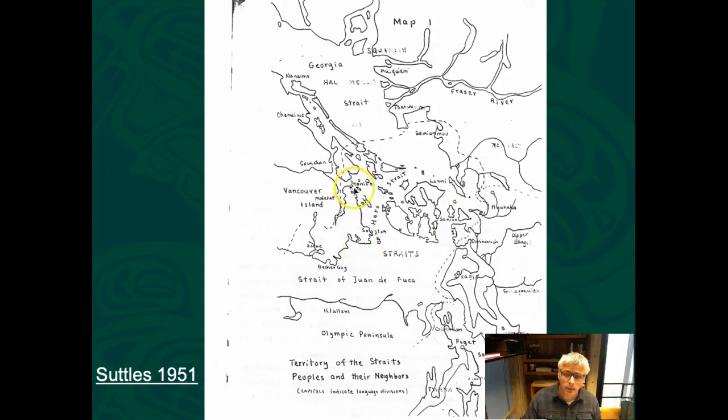And so you can start to see where all of a sudden you're cut off from both your close relatives, but also people would have moved back and forth across these areas.